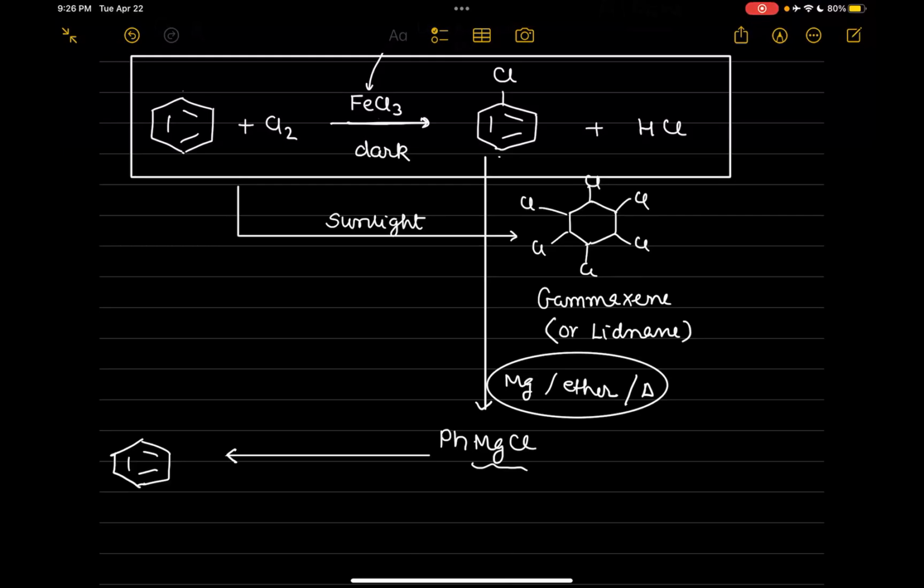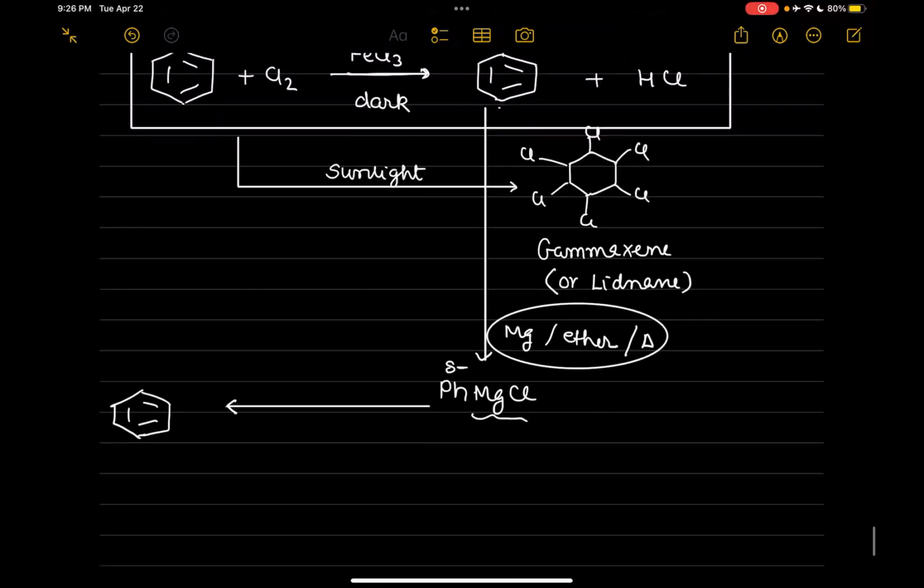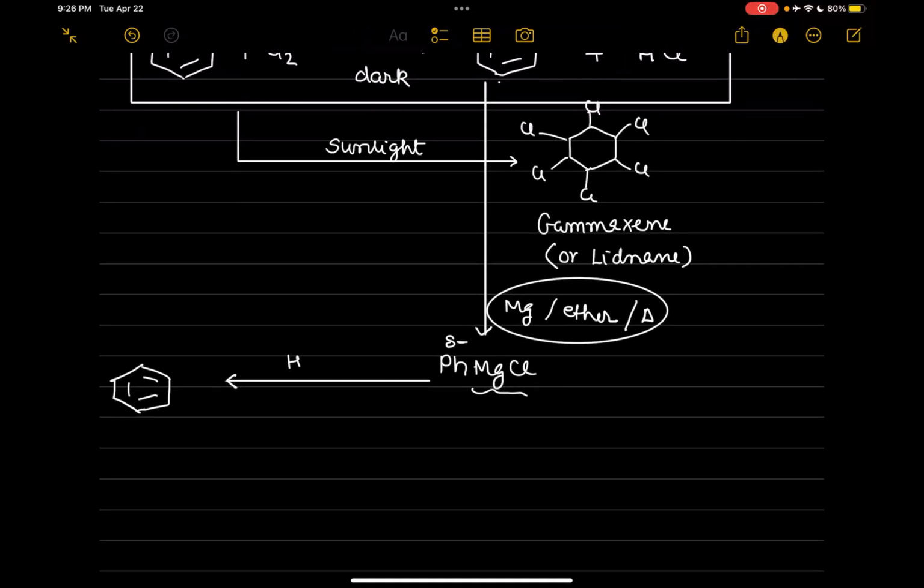Just think of what we were doing. This Mg is having a negative charge. Is it clear or not? Mg is having the negative charge, right? So what are you going to do? You are going to react it with water. So I hope this is clear to all of you, right?